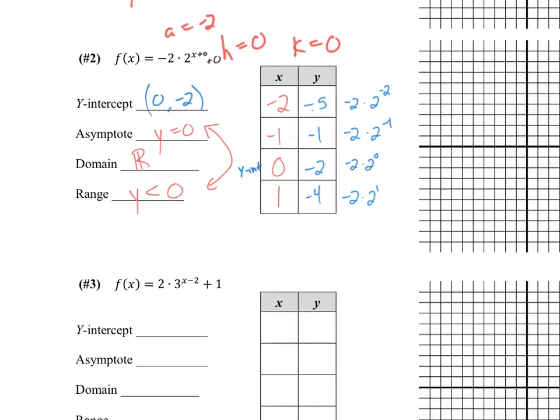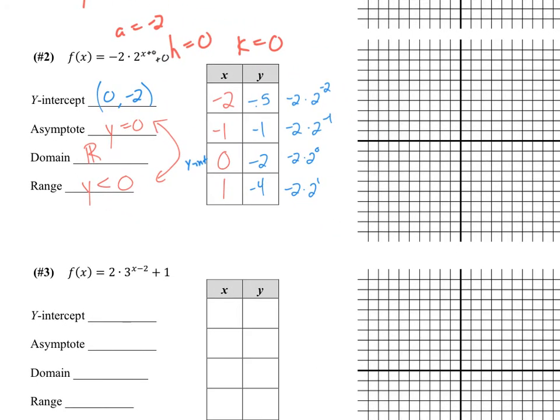So if we come over here and put the asymptote on our graph, the asymptote is at y equals 0. If we graph this, -2, -0.5 is right about here. -1, -1, 0, -2, and then 1, -4.